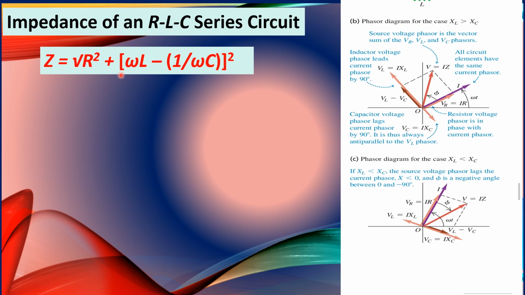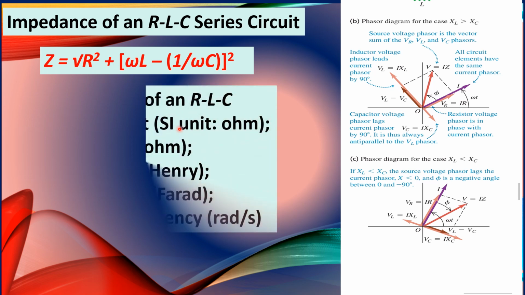squared plus the square of omega times the inductance L minus the reciprocal of the product of omega and the capacitance C. So each of these quantities is defined here.